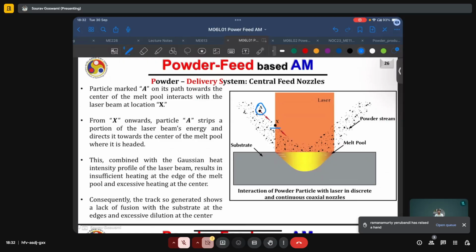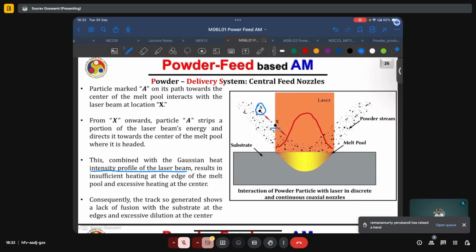This, combined with the Gaussian heat intensity profile of the laser beam, results in insufficient heating at the edge of the melt pool and excessive heating at the center. One of the factors is, of course, the Gaussian energy distribution, where most of the energy is concentrated near the center and it decays exponentially as you move away from the center.